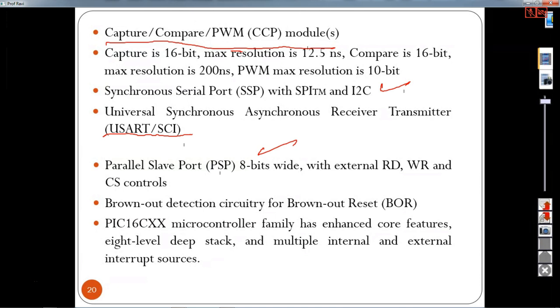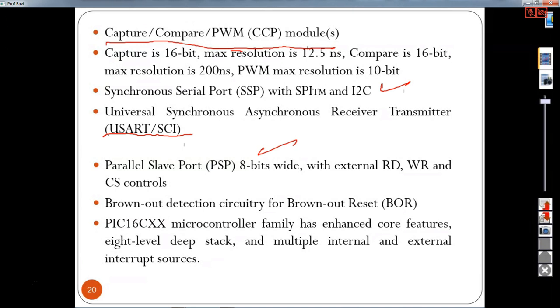RC4 is SPI data in, by which we can extend the ports, and RC5 can also be SPI data out. RC6 can also be the USART asynchronous transmitter or synchronous clock. So this is the pin diagram of the PIC 16C7XX family.